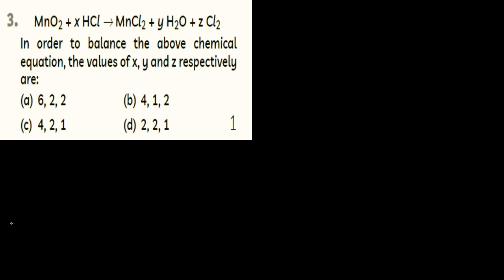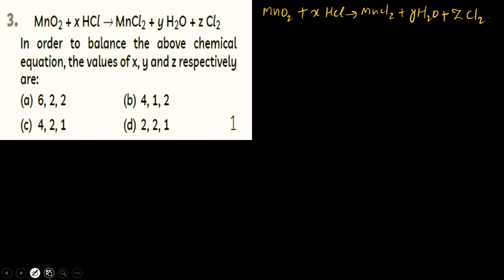Coming to this one, manganese oxide. We have to figure out the values of X, Y, and Z. Manganese oxide reacting with X times HCl gives manganese chloride, Y times water, and Z times Cl2.